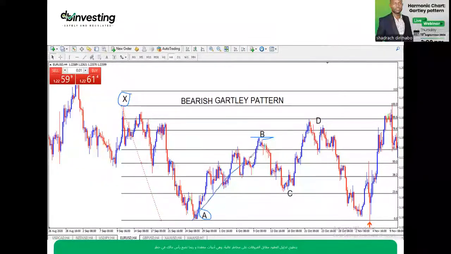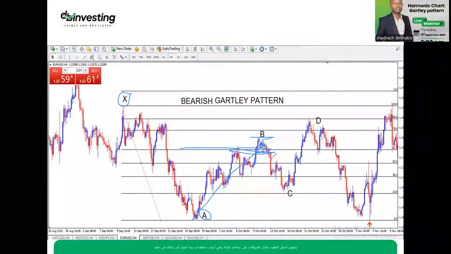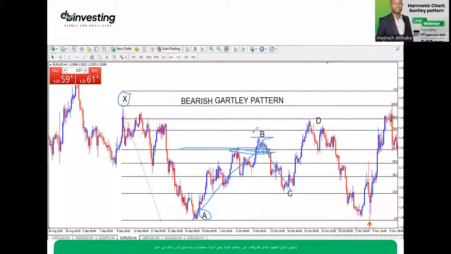So if we take the Fibonacci down, this is exactly at the 61.8 level. Now, from that point, we expect it to drop. It dropped down to this particular level, and if we reverse our Fibonacci tool, we'll see that this is within the range of 38.2 to 88.6.